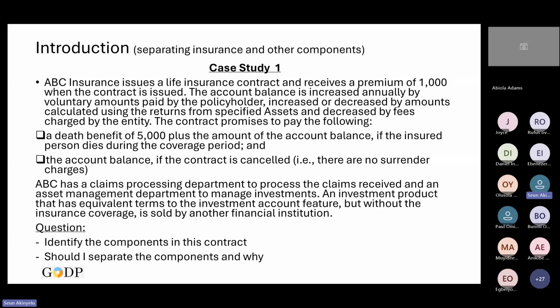Please, do we need to separate this particular instrument, or we are supposed to account for it as one? What do you think? Do we need to separate it, or we need to account for it as one, based on the criteria that we just looked at? Anybody, please, you can help us.